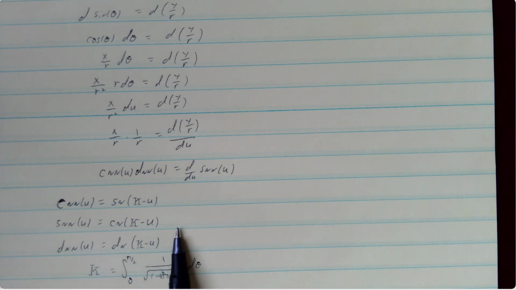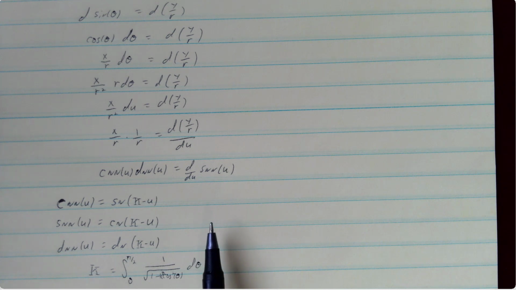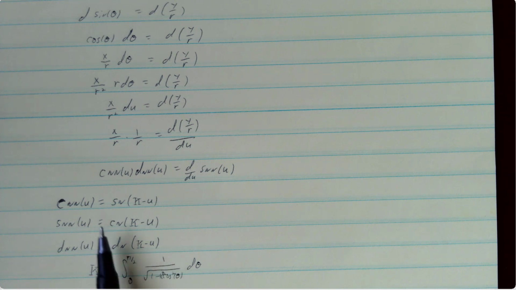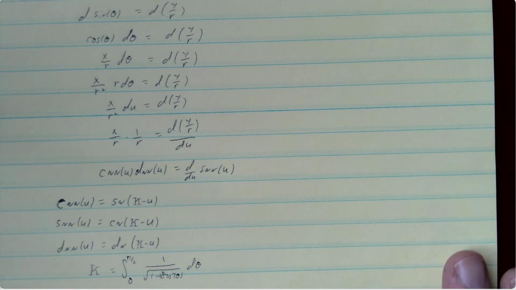Well, it would be the negative of Sn dn. But then I'd also have to do the derivative of the argument, which would give me another minus 1. So it'd be the negative of Sn dn, which are these two, but then times another negative 1. Those two negatives make a positive anyway. So it would work out, and you can check everything works out.